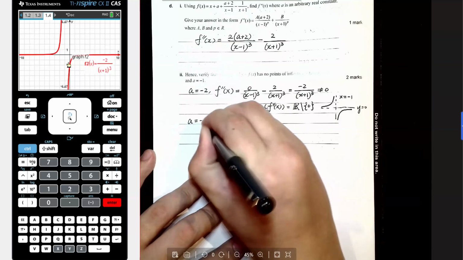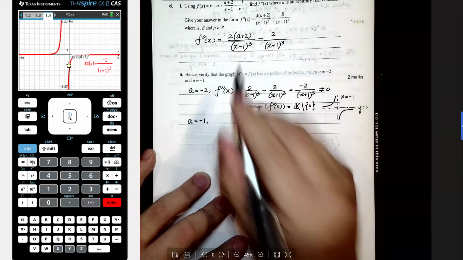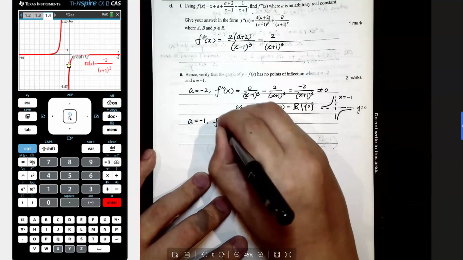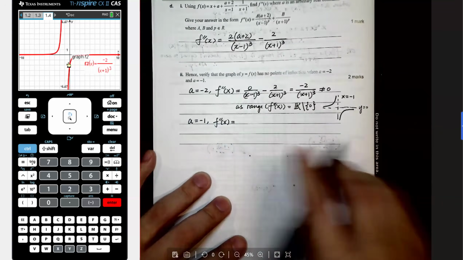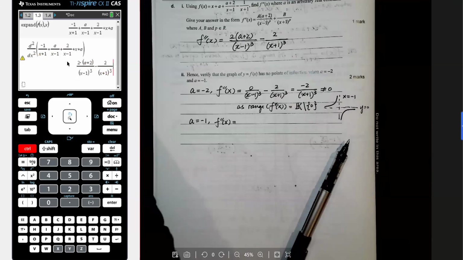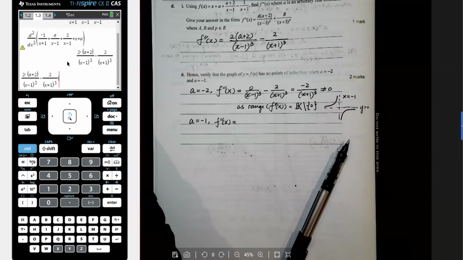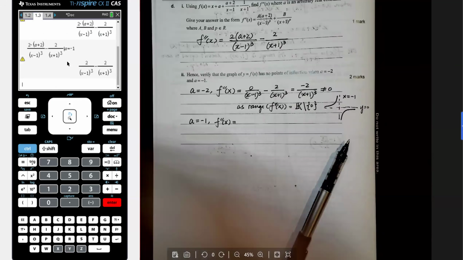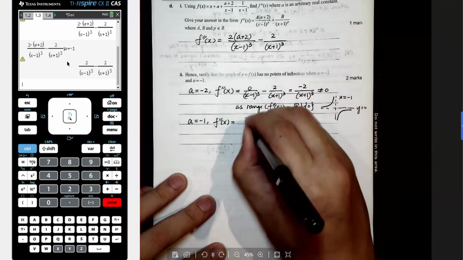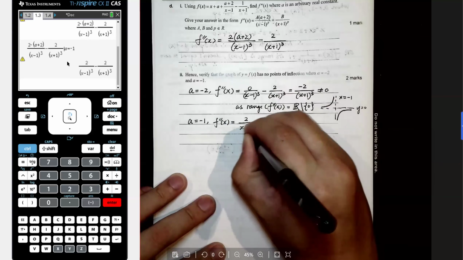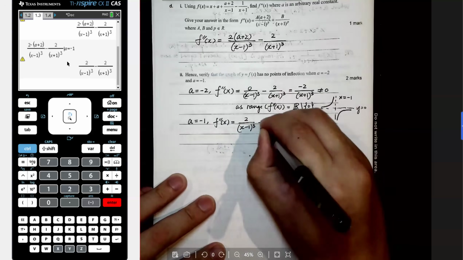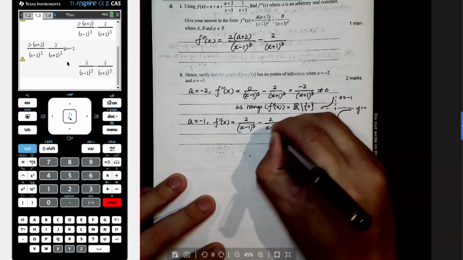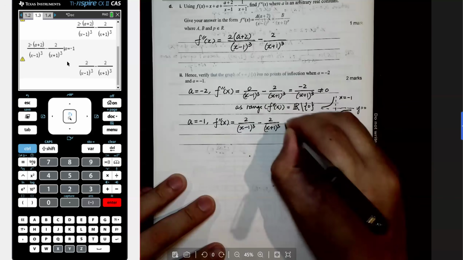And if a is minus 1, what will happen is you get f double dash x equals a term like that: 2 over (x minus 1) to the power 3, minus 2 over (x plus 1) to the power 3.